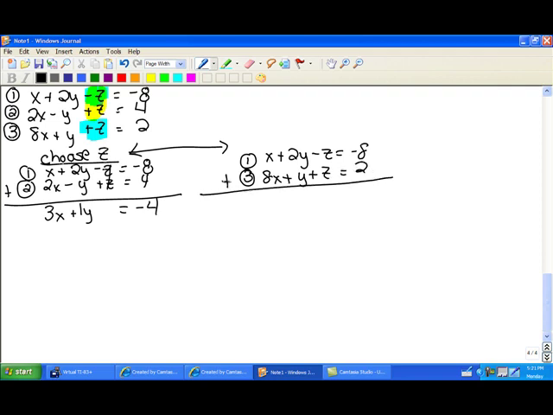When I add them together, that's going to give me 9 of my x's, 3 of my y's, my z's will cancel, will equal negative 6. At this point, I have 2 results. I'm going to go ahead and call those 4 and 5.